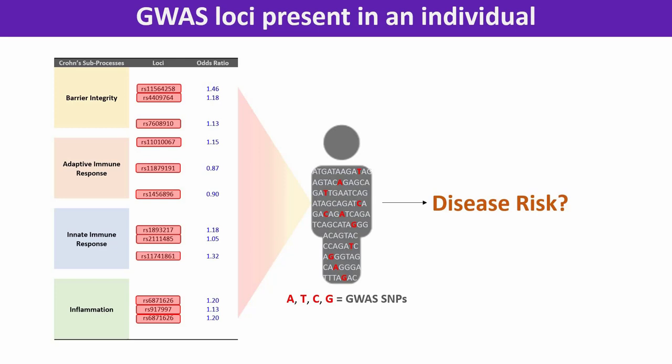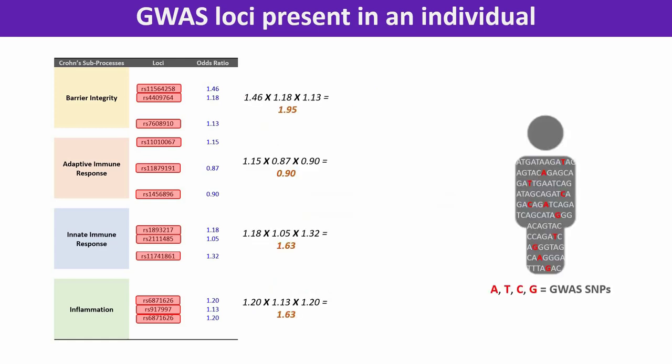In case of a dummy individual shown in the slide who is carrying 12 Crohn's loci, one can compute the risk contributed from each sub-process by multiplying the odds ratio of the loci under each sub-process. Finally, an overall relative risk is a product of risk propagated from each sub-process, and in this case, it is a very high value of 4.66.